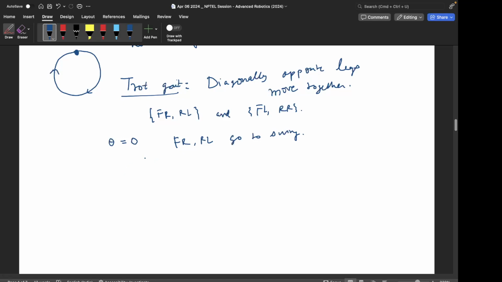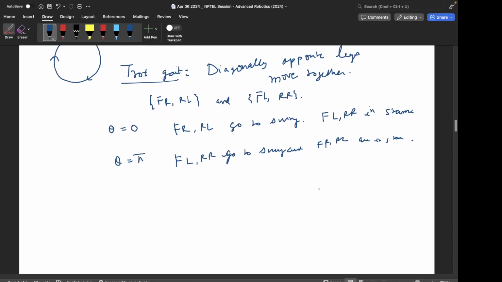So for FR and RL, phase offset is 0, and at theta equal to pi, when FR and RL were going to swing, FL and RR are in stance, and vice versa. After pi duration, FL and RR go to swing, and FR and RL are in stance.